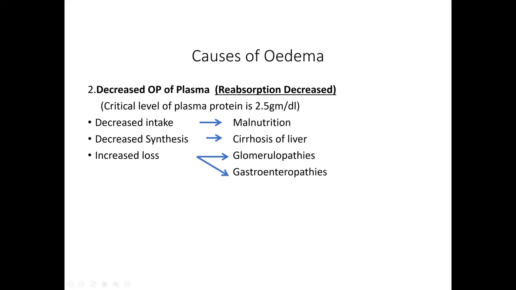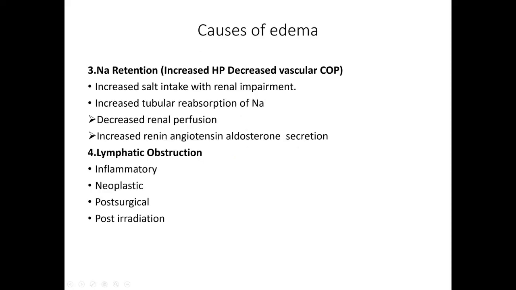The critical level of plasma protein is 2.5 gram per deciliter, and this is due to decreased intake, which is seen in malnutrition, decreased synthesis of protein, which is seen in cirrhosis of liver, and increased loss of protein, which is seen in glomerulopathies and gastroenteropathies.